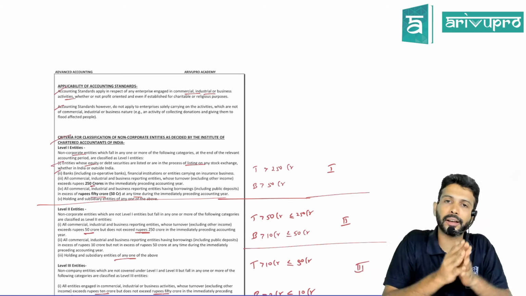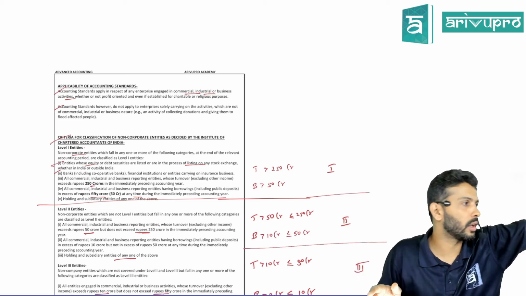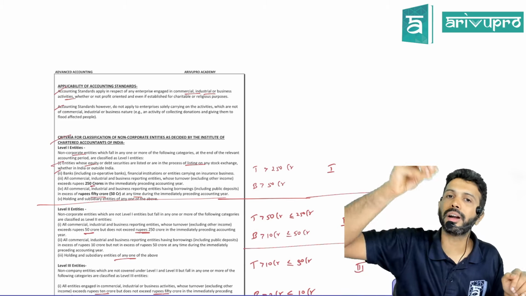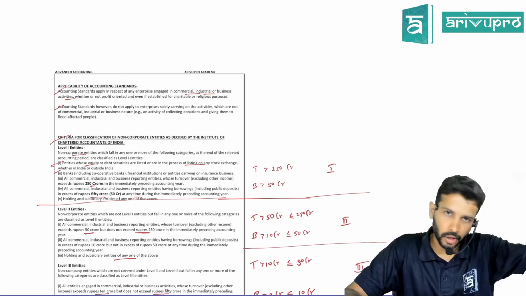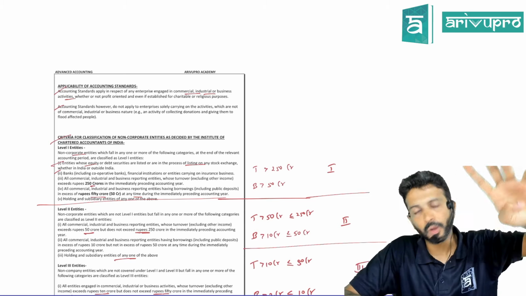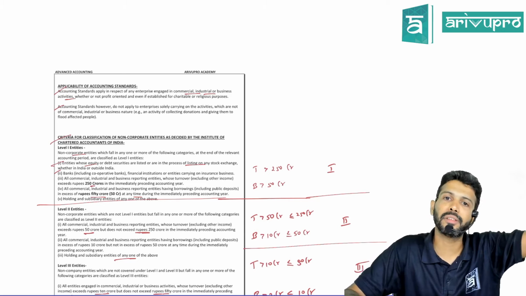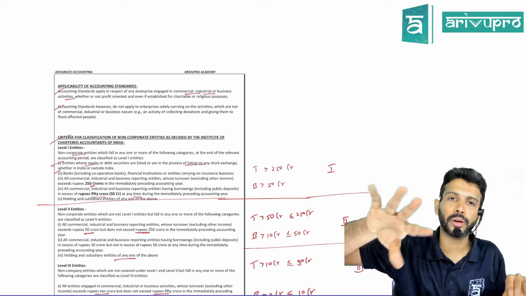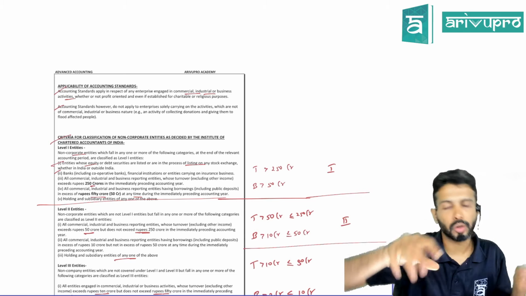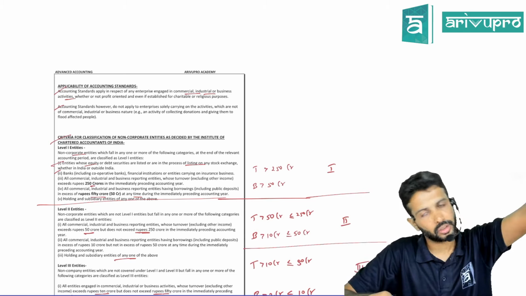For non-corporate entities, we have 4 categories: level 1, level 2, level 3 and level 4. If you want to come under level 1, all listed companies or those in the process of listing will come under level 1. Banks, insurance companies, finance companies will come under level 1. Or the other criteria is turnover should exceed 250 crore, and borrowing should exceed 50 crore. That's level 1.